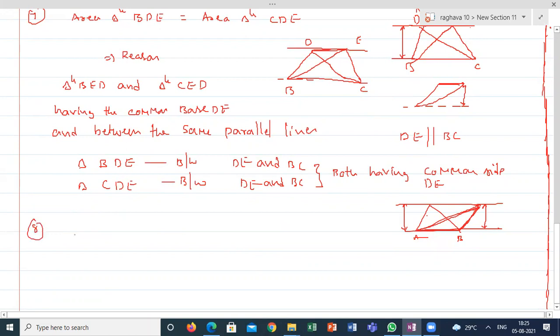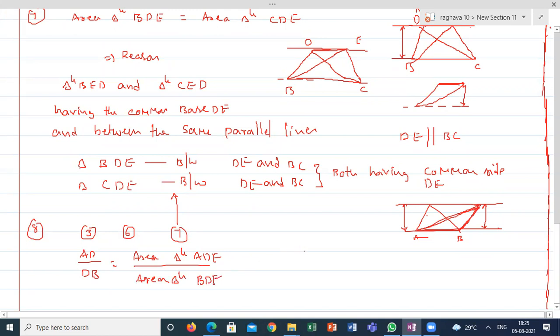Now, the final conclusion point. Remember the third point, sixth point, and seventh point. The seventh point is above. What is the third point? AD by DB is equal to area of triangle ADE by area of triangle BDE. And what is the sixth point?